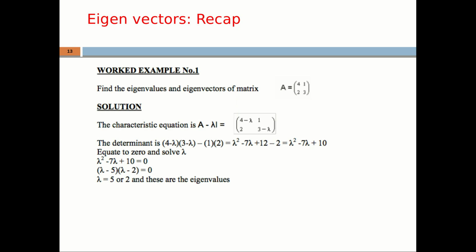So, let's recap how to find eigenvectors and eigenvalues of a given matrix. To find eigenvalues, we use the characteristic equation, which is A minus lambda times the identity matrix. Then, we equate the determinant of this to 0 and find the corresponding lambdas. These lambdas are the eigenvalues.